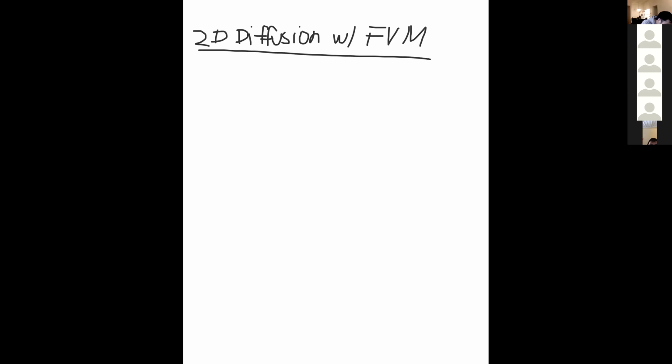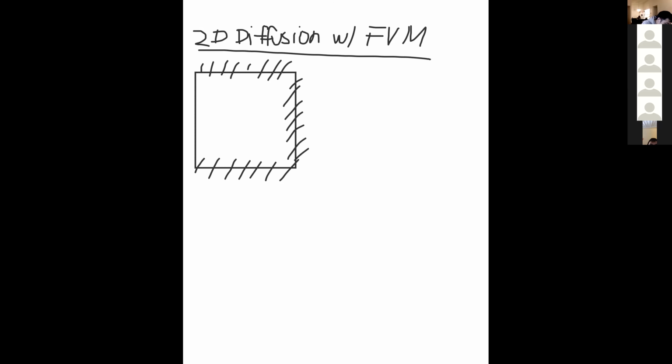So for a 2D case, we have basically a square, and on our square we were evaluating integrals on the boundary. If we label the sides of our square with each of the compass directions, we have the north face, the east face, the south, and then the west.